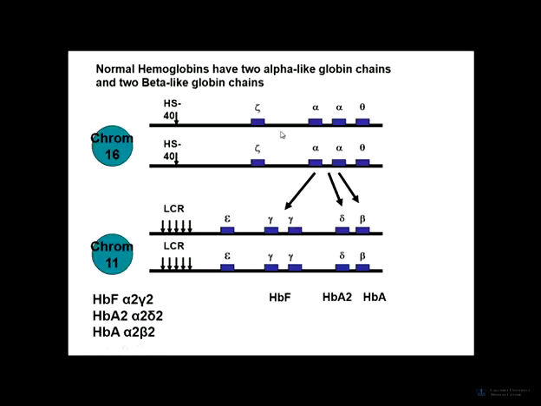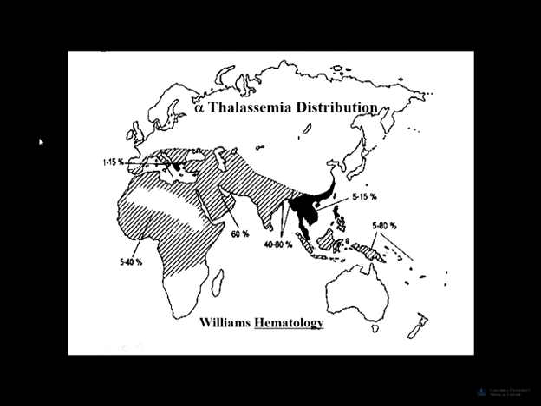So just to remind you again that you have 4 alpha genes. Alpha 2, gamma 2 is hemoglobin F, alpha 2, beta 2 is hemoglobin A. And the thalassemia syndromes are such that if you have a decrease in the alpha gene component, then you have an alpha thalassemia. So alpha thalassemia is the most common problem with red cells worldwide.